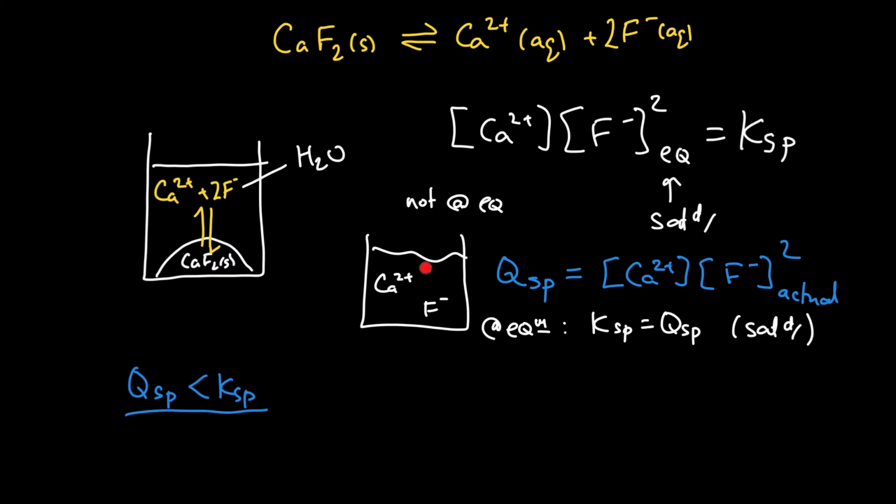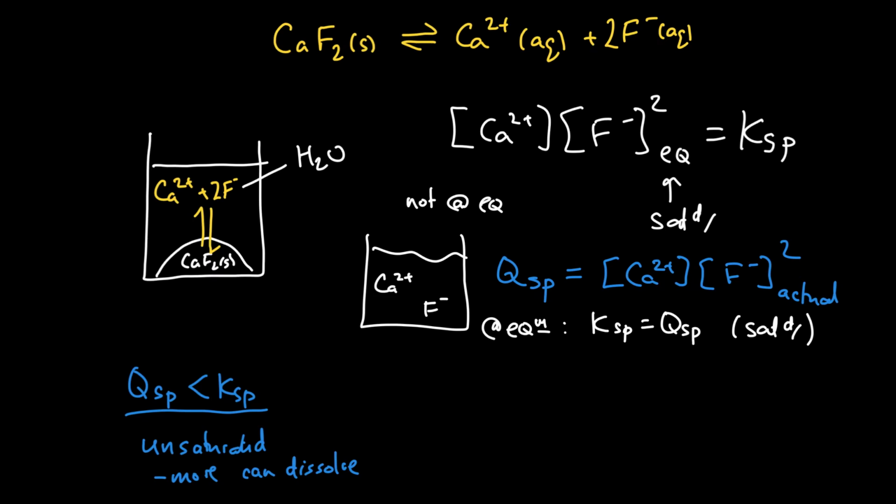Well, you have to add more to it. Unless you add more, there's no way for them to increase. What does this imply about the solution? This implies that the solution could dissolve more ions. So that means it is unsaturated. More could dissolve if we wanted to.